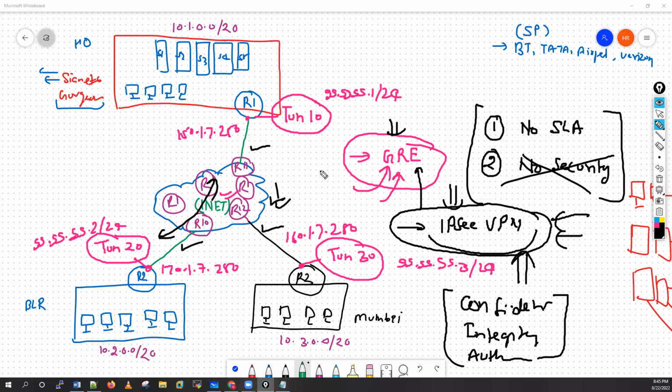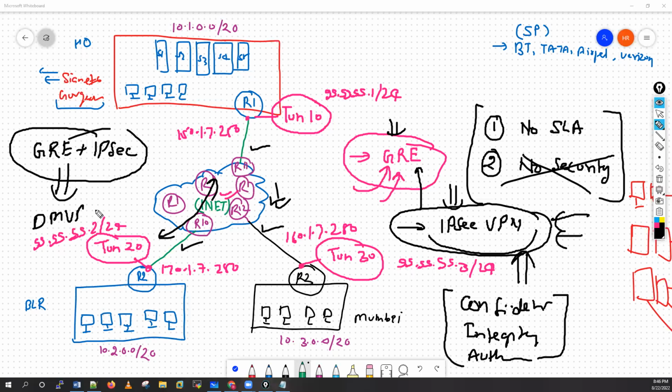So what people have done is they have integrated two solutions, GRE plus IPsec, and that solution is known as your DMVPN solution. Now, this technology became very popular these days, guys, because DMVPN is now used by all the organizations.